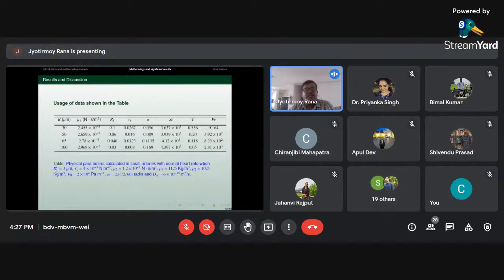So now we are interested in seeing the results. Here we have considered relevant data for small arteries. We are considering the radius of the artery from 30 micrometers to 100 micrometers, and we can see that for these micrometer-sized vessels, we have a significant effect of the two-phase model.